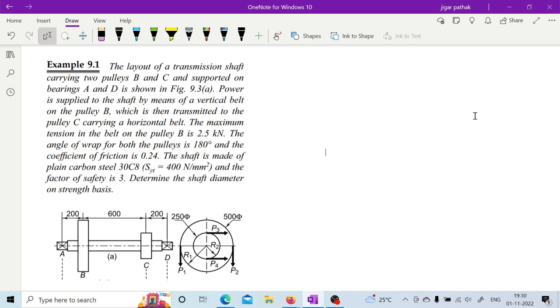What I am giving you as a hint is that you first see what vertical forces and horizontal forces are acting on it, then calculate the vertical and horizontal reactions, and based on that come up with your bending moment and torsional moment. Can you give it a try? Yes sir. Yeah, please go ahead.